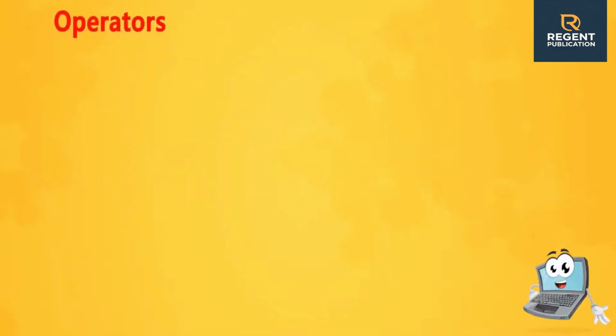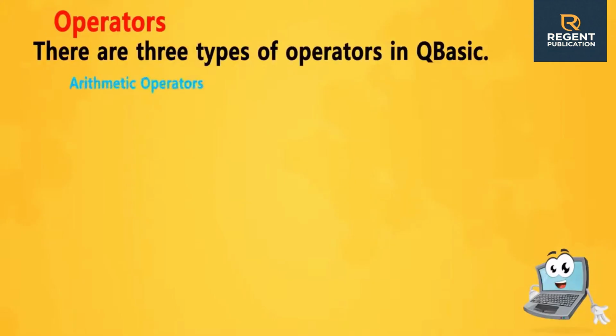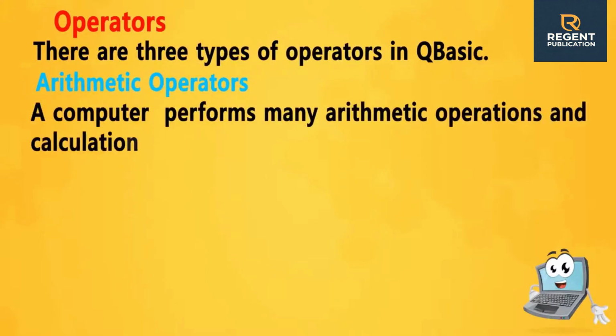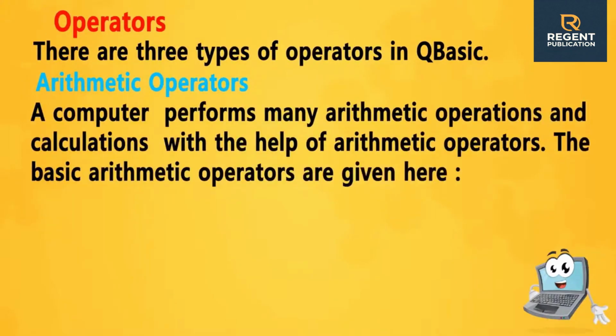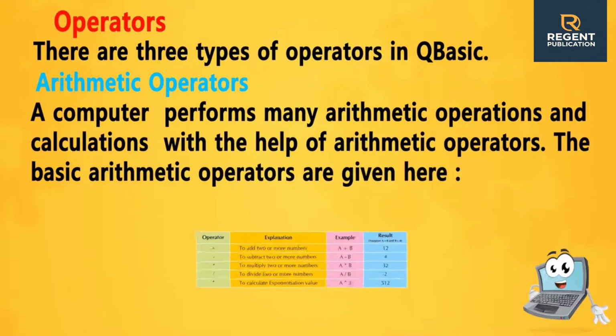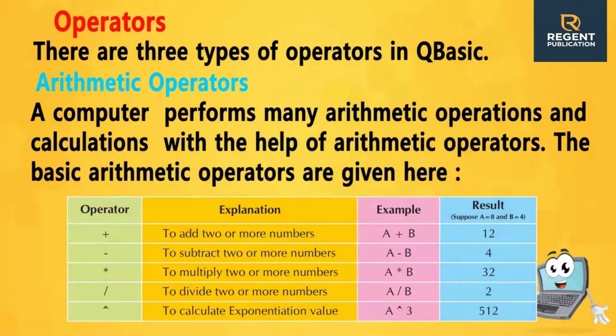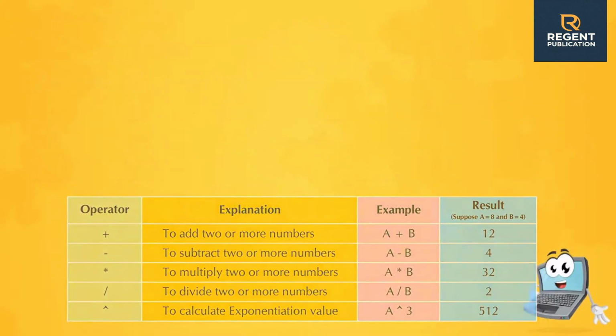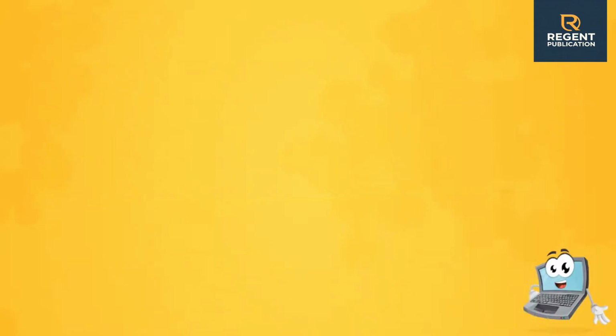Operators. There are three types of operators in QBasic. Arithmetic operators. A computer performs many arithmetic operations and calculations with the help of arithmetic operators. The basic arithmetic operators are given here. Relational operators.